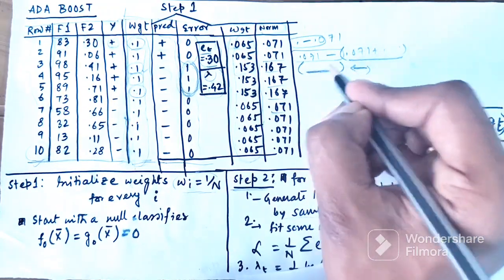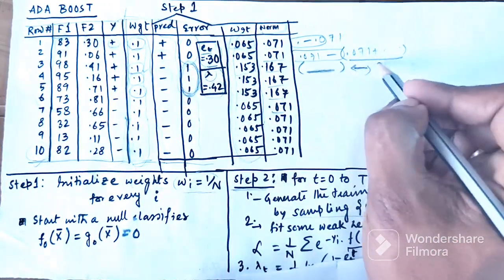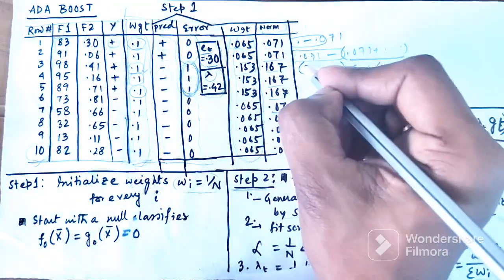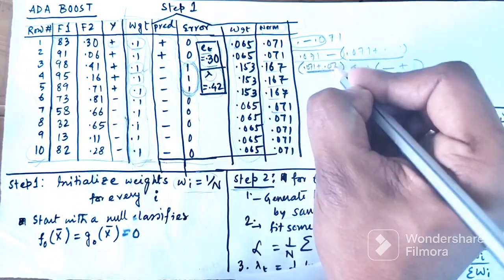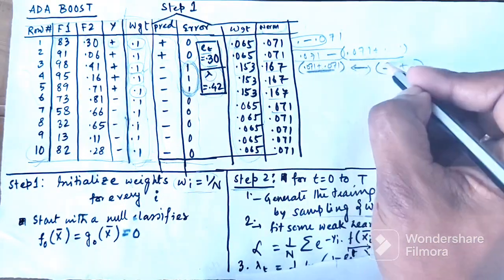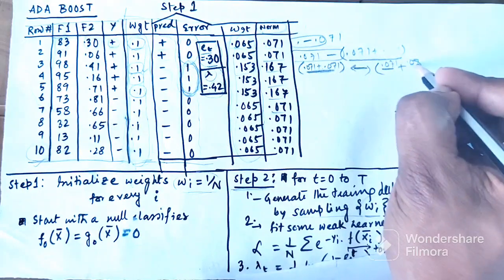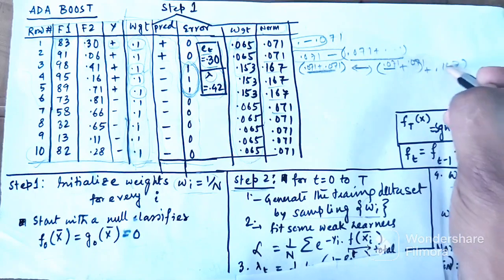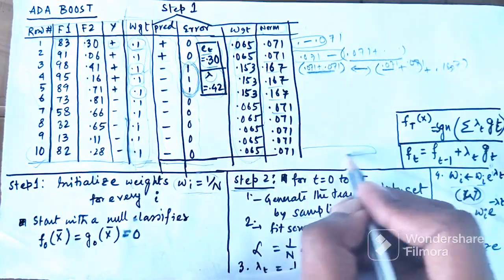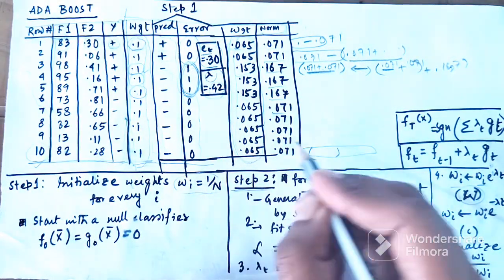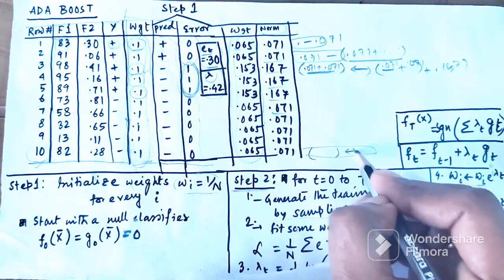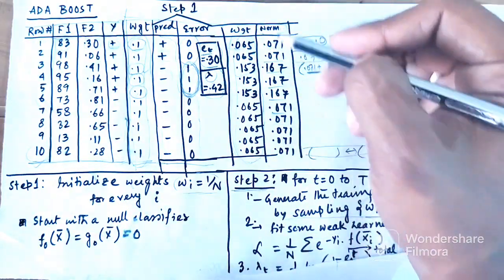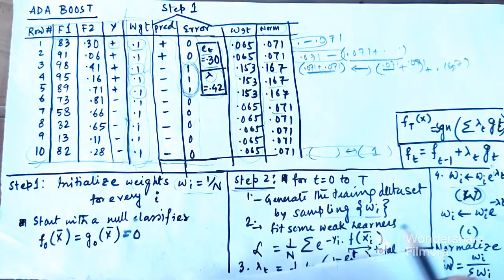This will be the limit, and so on, up to 0.071 plus 0.071 plus the upper limit, 0.167. At the end of the scenario, for each sample there will be some lower limit and some upper limit. The final upper limit will be 1, because if you sum all these things, you will get 1.